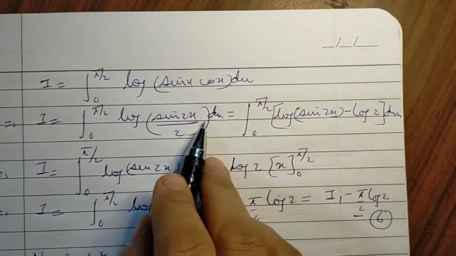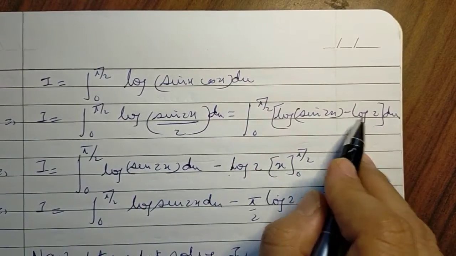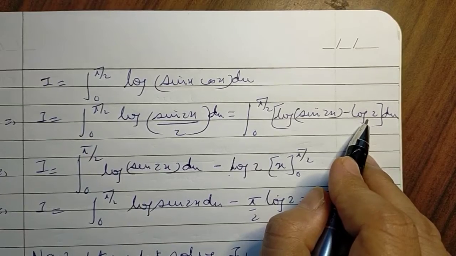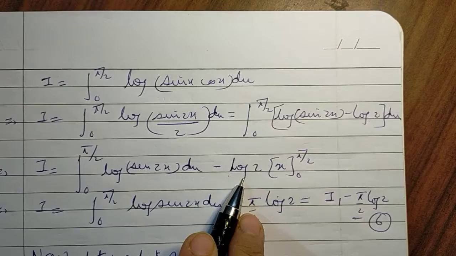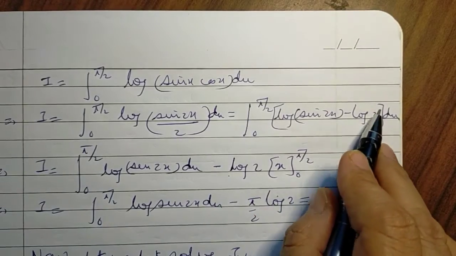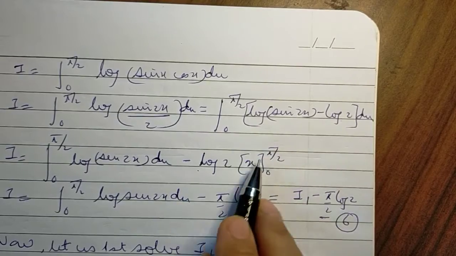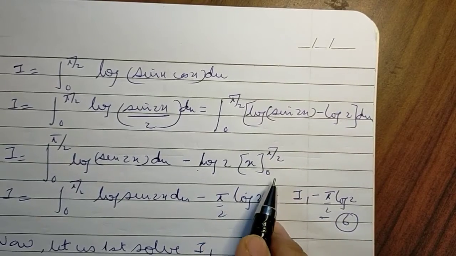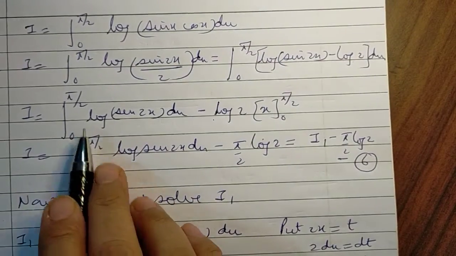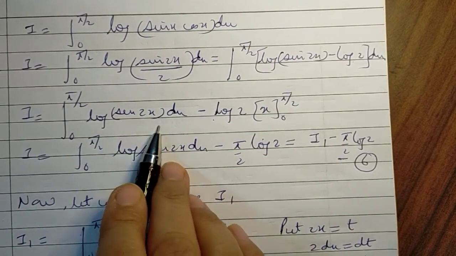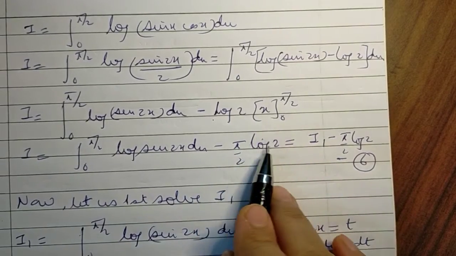Again using properties of log, we get 0 to pi by 2 log sin 2x minus log 2. Now you can split it into two integrals like this. Log 2 is a constant, so it becomes log 2 into integral of 1, which is x, from 0 to pi by 2, and hence we get I is equal to 0 to pi by 2 log sin 2x dx minus pi by 2 log 2.